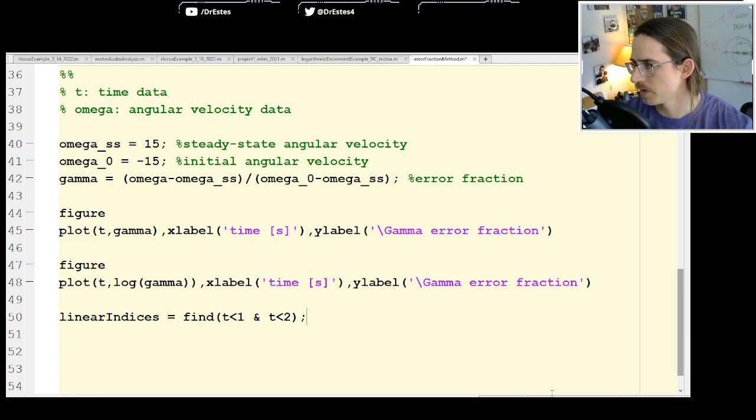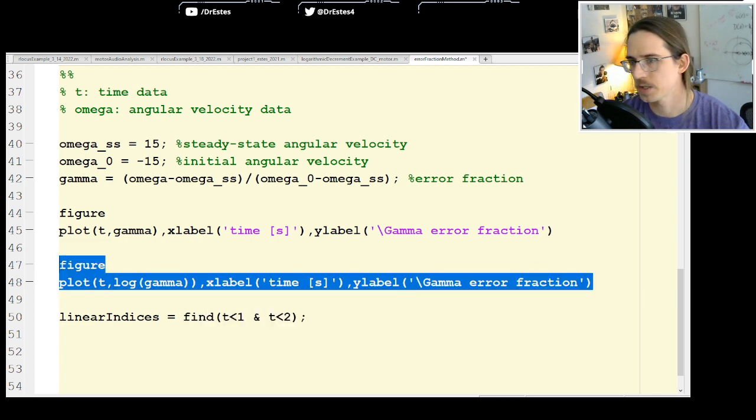So the find command goes through your data and finds the indices that correspond to the conditions that you specify. So what I can do, I can go back here. That looks wrong.